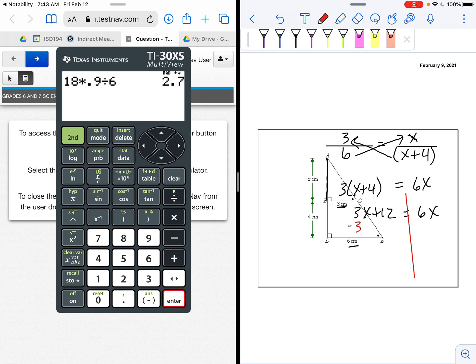I'm going to move my 3x to this side because I want my x's all on the same side. And I'm going to have 12 is equal to 3x. Divide by 3. So my x is 4. So this height right here is 4.